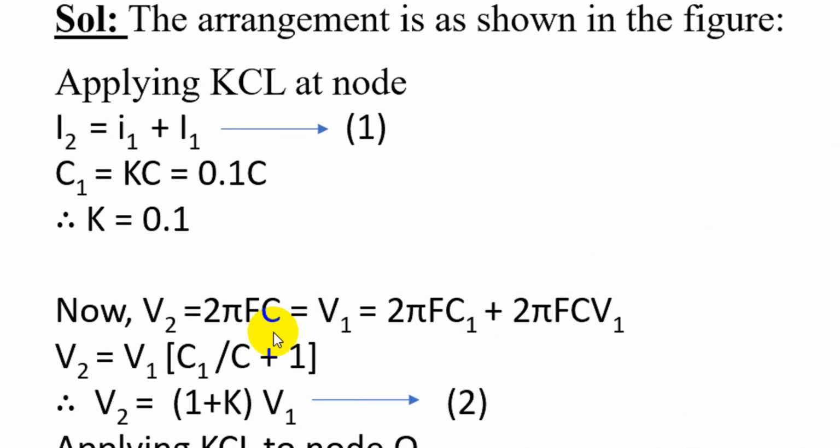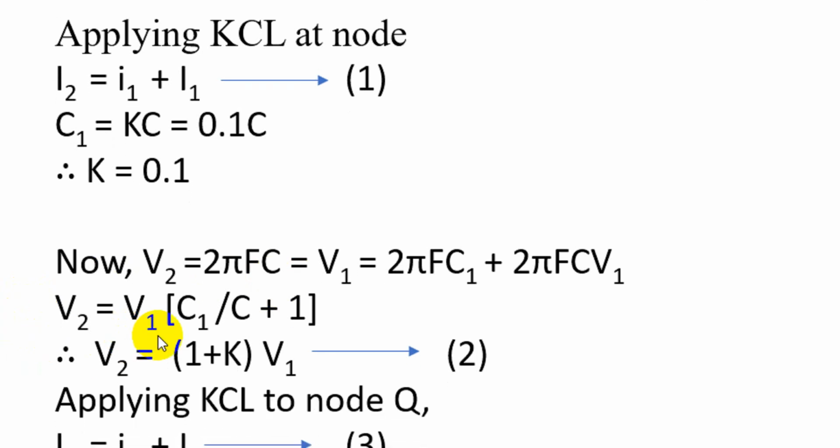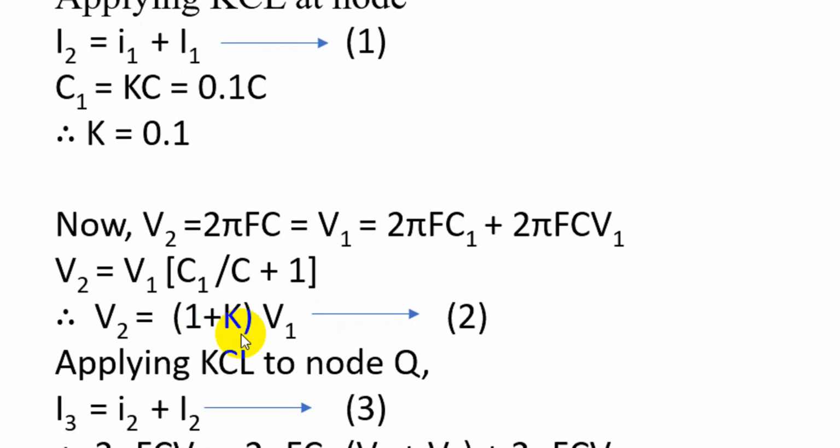And V2 is equal to... 2 pi f C omega. So what is V1? V1 is 2 pi f C1 plus 2 pi f C V1. So this will give V2 equal to V1 times (C1 plus C) divided by C. Or in general we can write V2 is equal to (1 plus K) times V1.